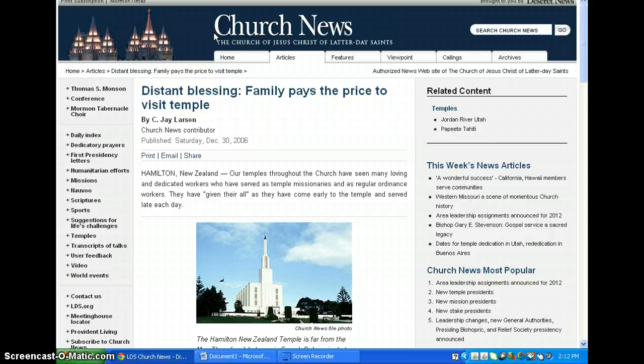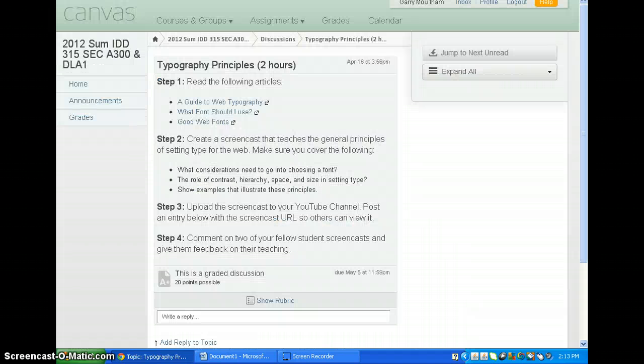As I said, this is a good example because you can read clearly the title and the subtitle of the website, and make the difference between the content. And it is a good idea to put a temple because it will be talking about the temple in New Zealand.